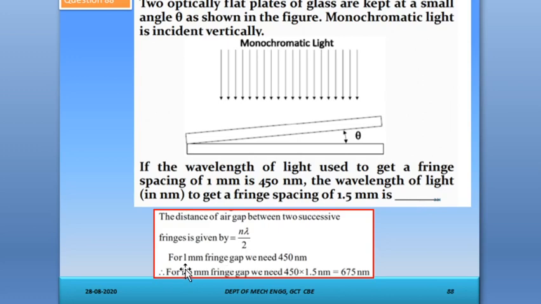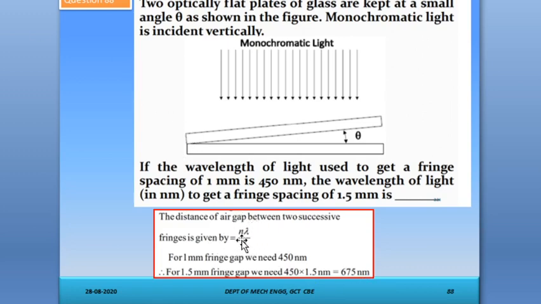For a 1 mm fringe gap we need 450 nanometer. For producing a 1.5 millimeter fringe gap we need 450 times 1.5 nanometer. Therefore, the answer is 675.